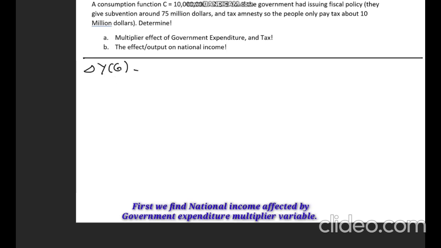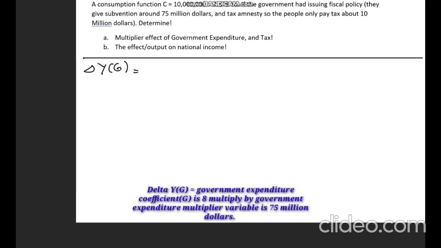First, we find the national income affected by the government expenditure multiplier variable. Delta Y of G equals the government expenditure coefficient of G, which is 8, multiplied by the government expenditure variable, which is $75 million.